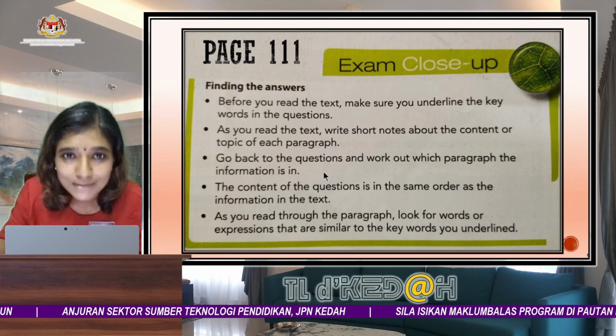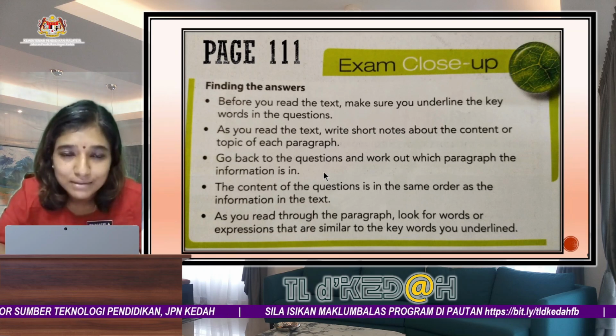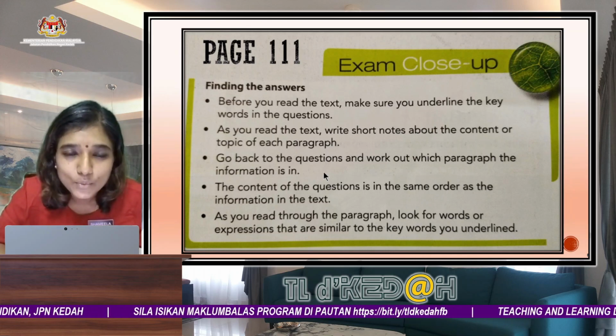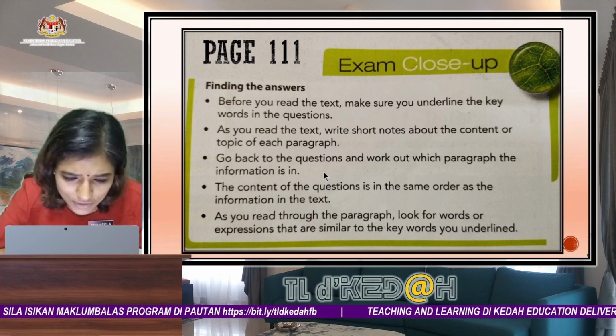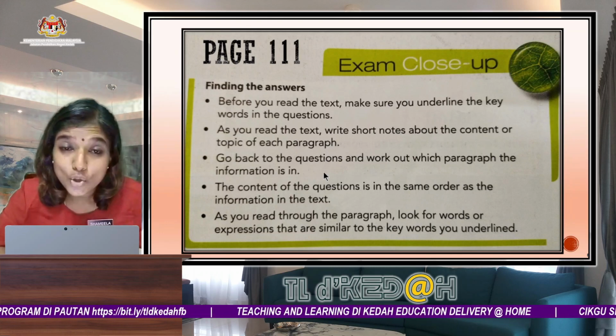The questions and the information are parallel. That means they move together, so it's actually helping you to find the correct information you need. It's also saying you can underline the keywords and make short notes.